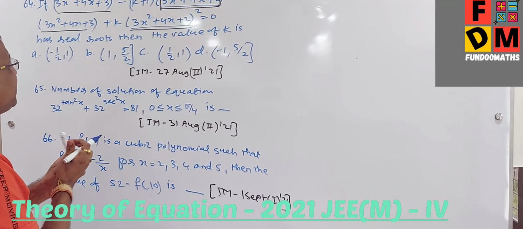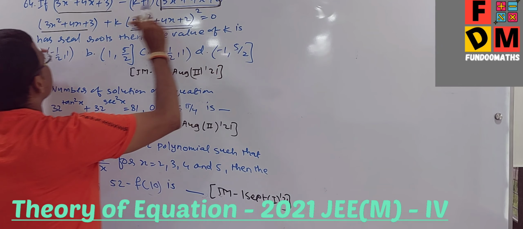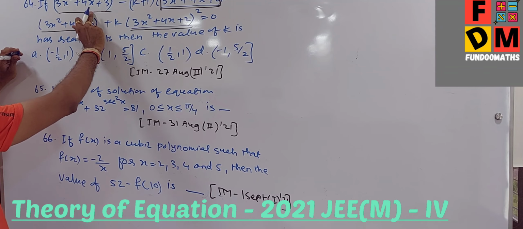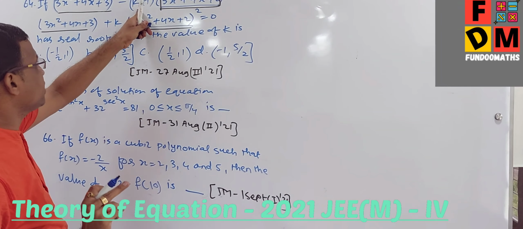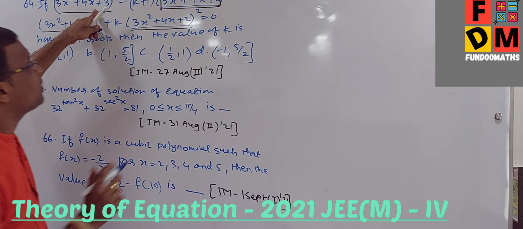So let me rewrite it. If I just take it as say k, so the inside bracket will be k plus 1. Sorry, I will not take k because k is already there. Let me take t. So I will take this to be t. So this will be t plus 1 square.